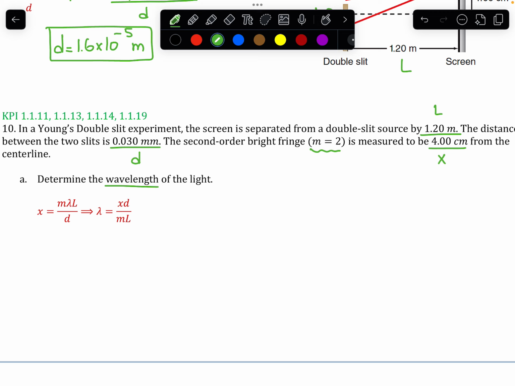So wavelength is x, 4 times 10 to the power of -2, D is 0.03 times 10 to the power of -3. That's because of the conversions. M equals 2 and L is 1.2. Lambda is 5 times 10 to the power of -7 meters.